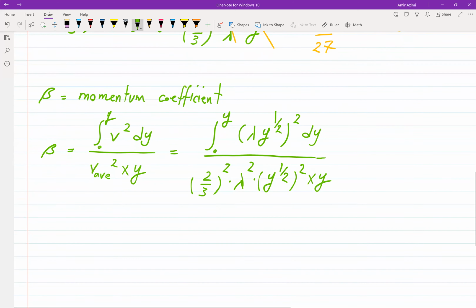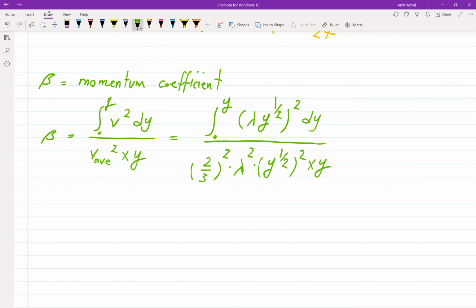Okay, lambda square is constant, so it comes out of the integration. I have lambda square, and y to the power of 1/2, when squared, becomes y, and I take the integration of y, so it becomes 1/2 y square, divided by lambda square times 2/3 to the power of 2.